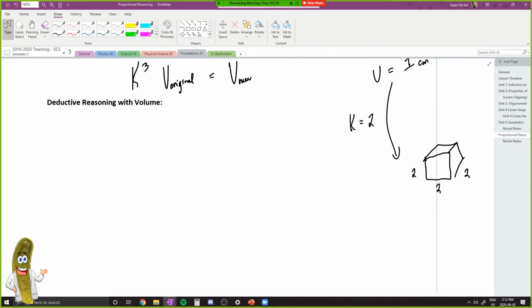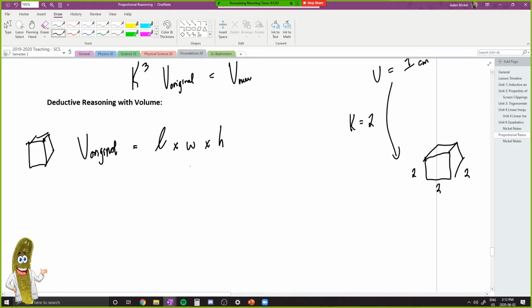Now, we should probably prove that deductively. So if we take a regular cube like such, we know that the volume of this original object is going to be equal to length times width times height. Let's say that we want to scale it up by some factor of k.